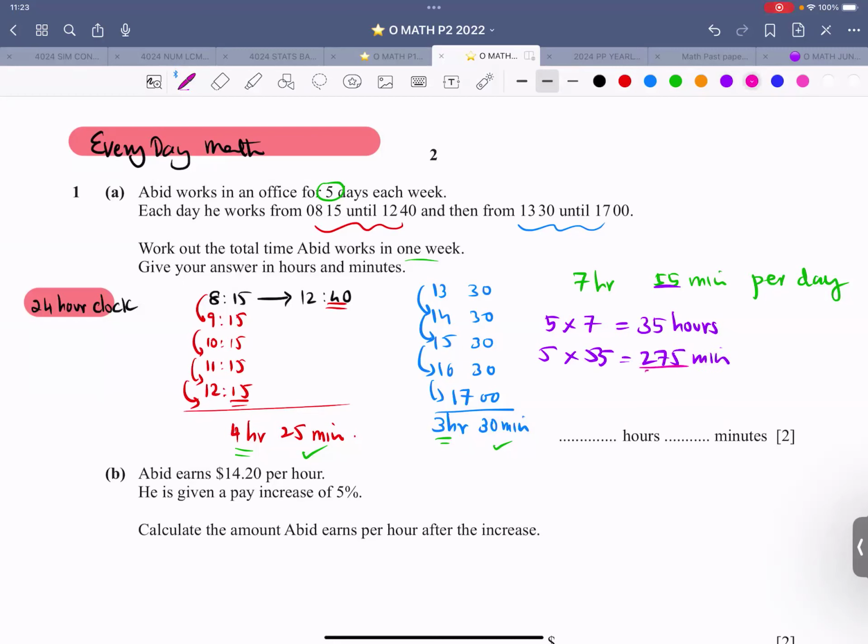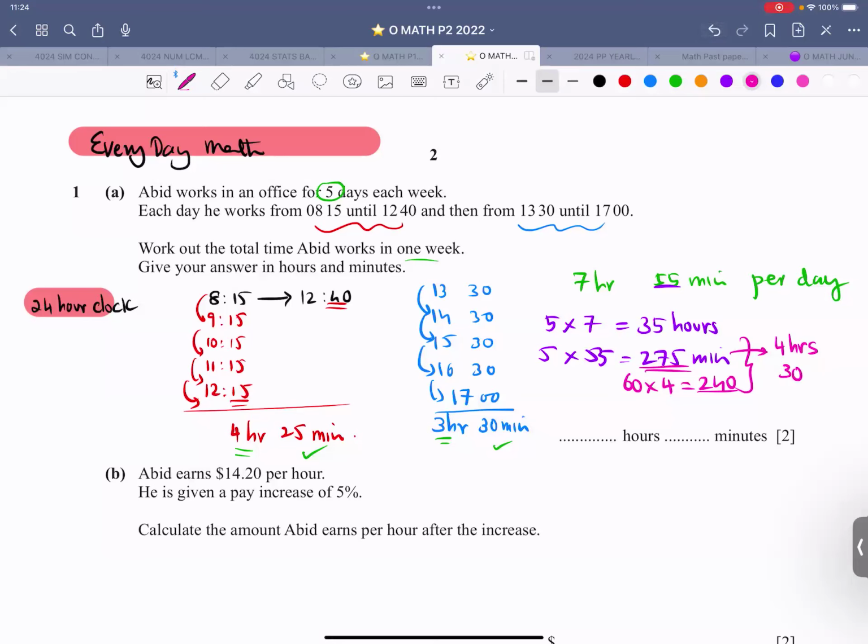Now let me break this up into hours and minutes. 275 is basically 60 into 4, which is 240, and then 250, 260, 270, and 35 minutes. Actually, it's 35 minutes, not 25, because it's 240 till 275.